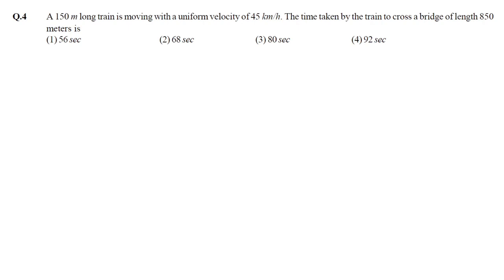A 150 meter long train is moving with a uniform velocity of 45 km per hour. The time taken by the train to cross a bridge of length 850 meter is.